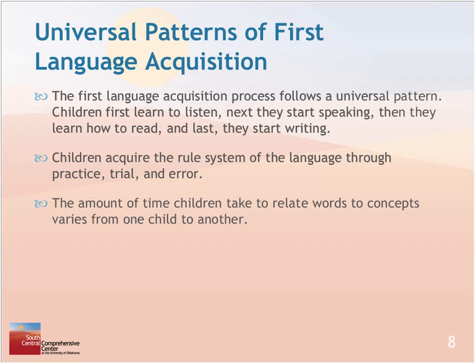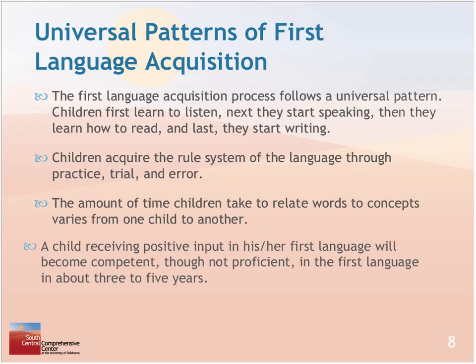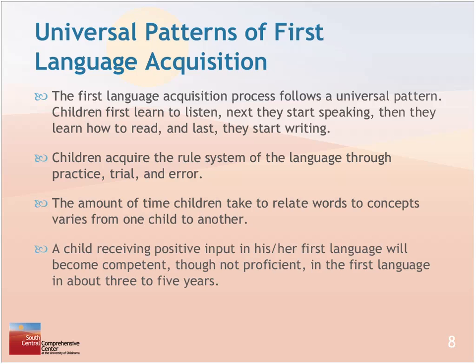There is no specific time that can say, okay, it will take them 3 months or 4 months or 2 years, between the time that the child starts learning new words and how to apply them. Every child is different, and there is no specific time. So the more positive input the child receives, the better is going to be in mastering the language.